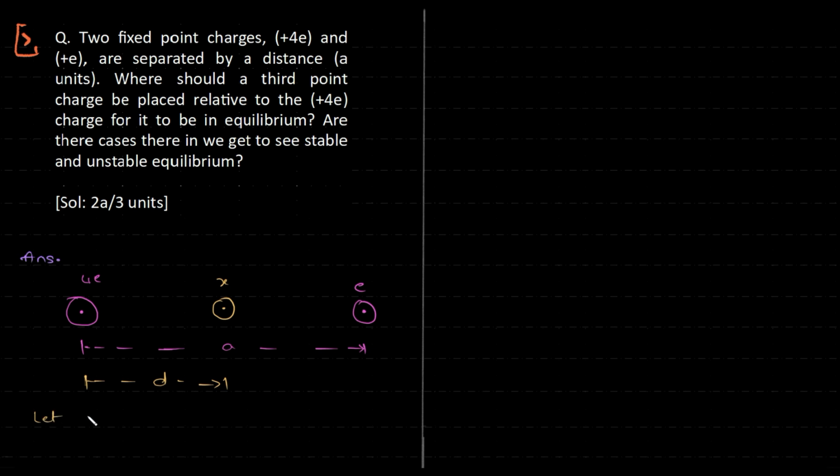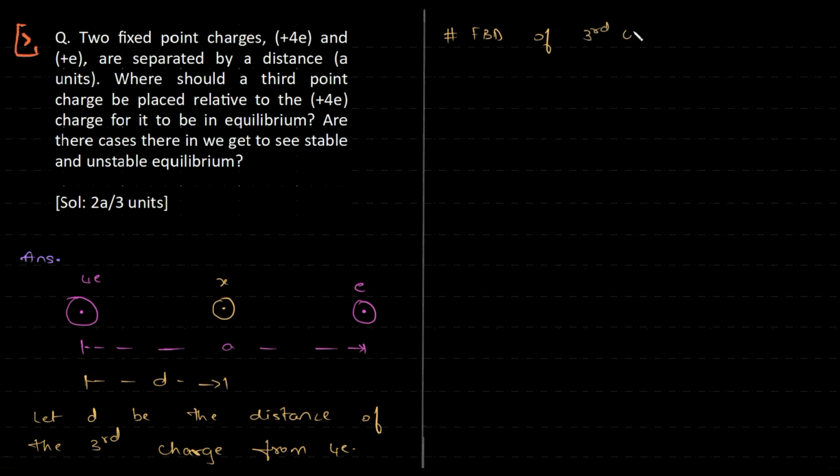So we'll start off with: let d be the distance of the third charge from 4e. Now, the free body diagram of the third charge.